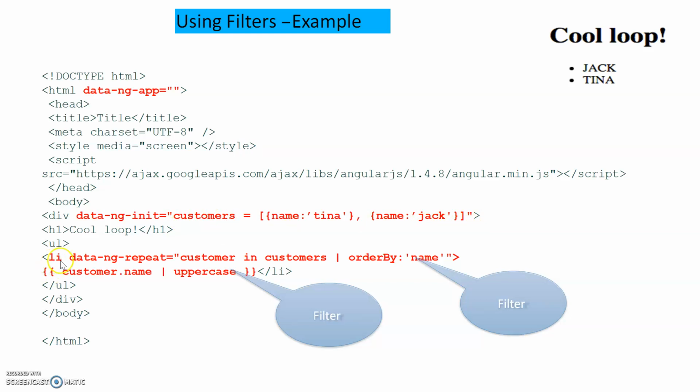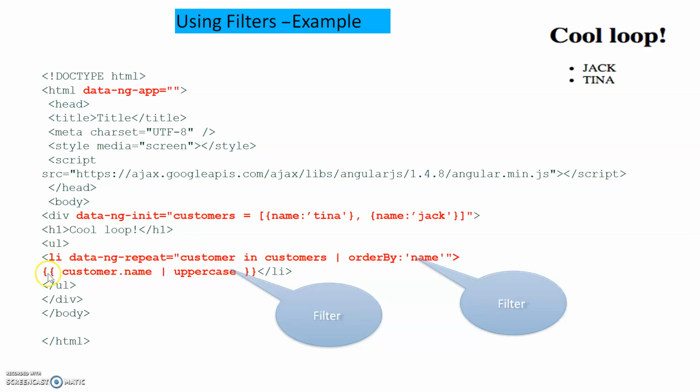Then in the list I want to display these elements. So data ng-repeat to the list element, customer in customers, so each element from the customers. Order by is the filter, name, which means it will sort by the name. And what to display as the body of that list, you can see this is the list, and this is the end of the list.